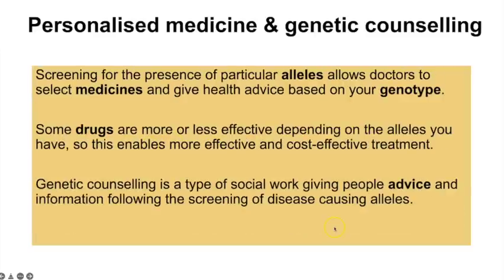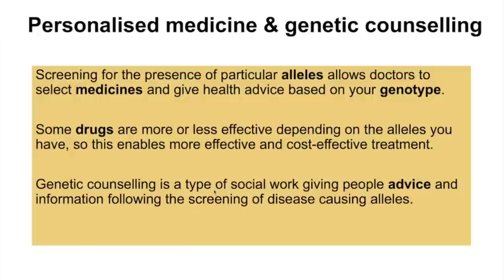Genetic counselling is a type of social work where people are given advice based on their results of the tests. So if you are screening to see, do you have a particular allele which is known to cause a disease, then genetic counsellors would talk you through, first of all, before you screen, whether you would actually like to screen and what the pros and cons are of finding out if you have that disease-causing allele.